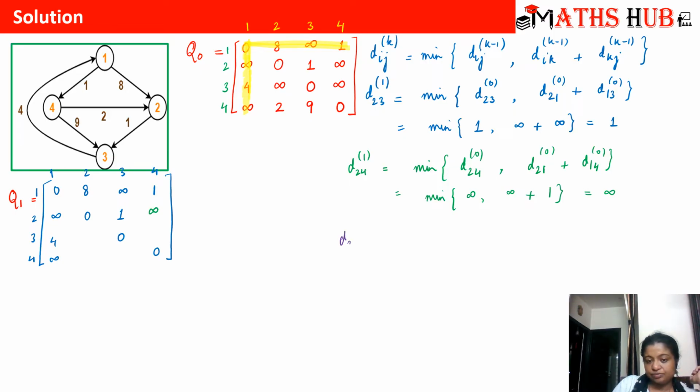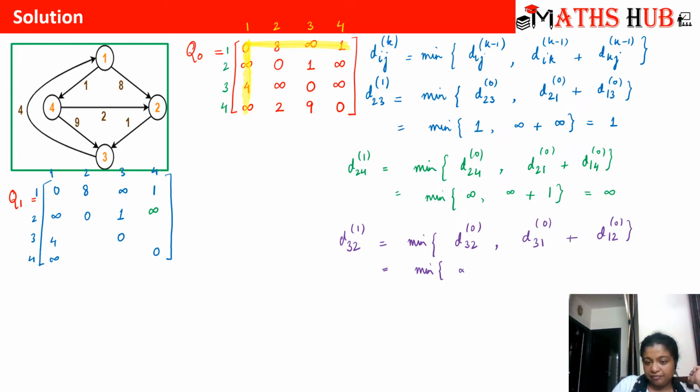Now let us calculate the next place, that is D32. What is D32? It is the minimum of D32 in the previous weighted matrix, then D31 in the previous matrix plus D12 in the previous matrix, right? So now this is the minimum of, what is D32?